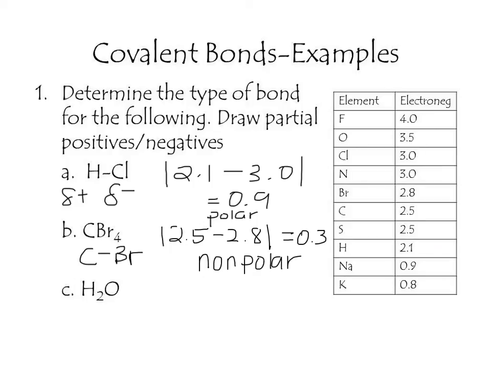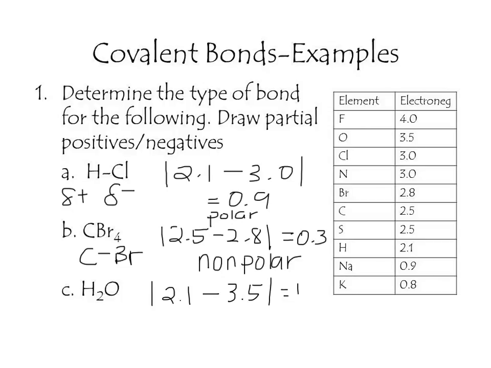So the final example that I have for you is going to be hydrogen and oxygen. So hydrogen has a 2.1 and oxygen is 3.5. So again, even though there are two hydrogens, you're looking at the single H-O bond, okay? And so hydrogen is 2.1 and oxygen minus 3.5. And it's the absolute value.